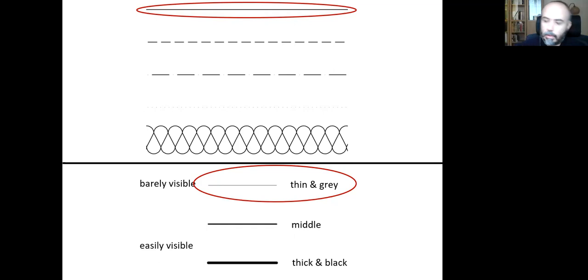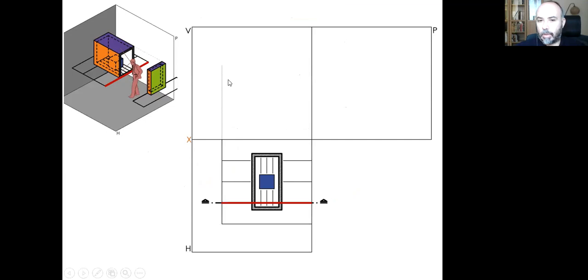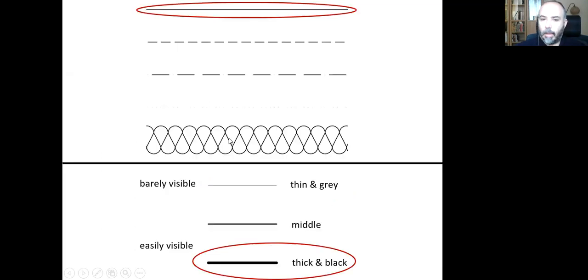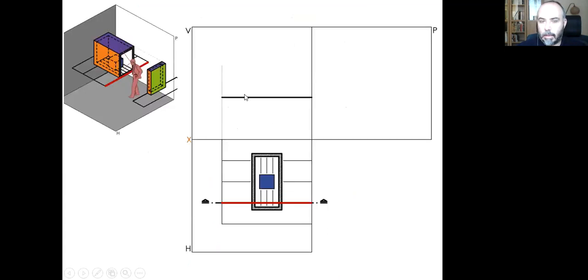Barely visible lines, because I am just creating a guidance for myself to transfer this width up here, and I need to copy the 3 centimeter level of this horizontal plane there. And since the plane is being cut, again, I need to use the thickest and the most black line weight that I can create with my continuous lines, so that people can understand that this plane is being cut vertically.